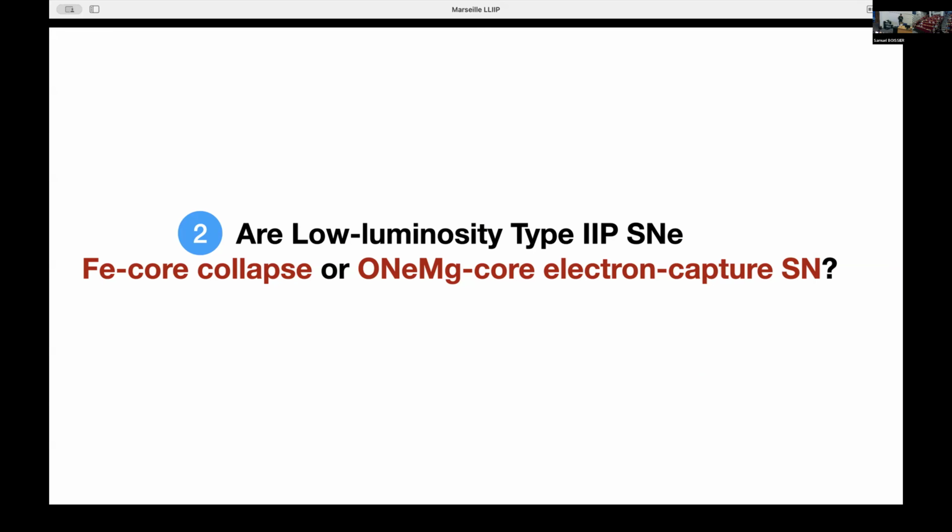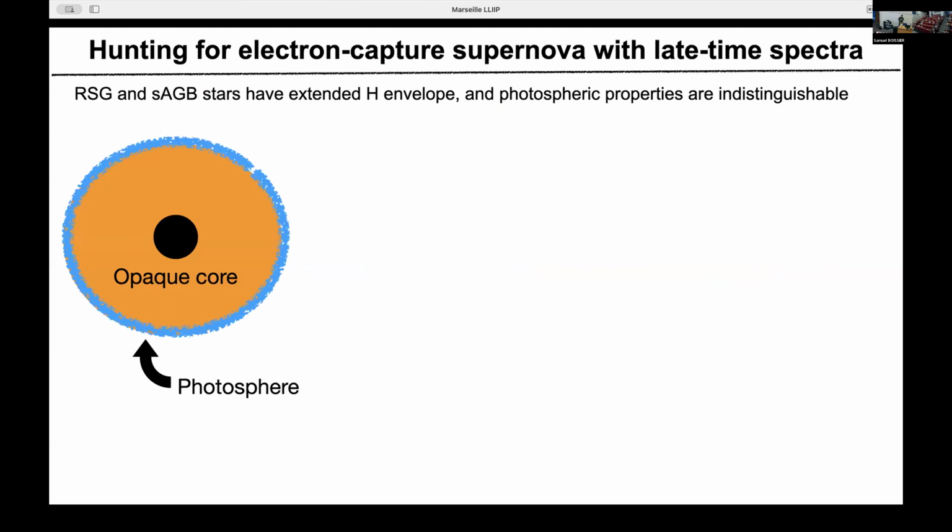Coming to the second question which I raised: are these low luminosity 2p supernovae iron core collapse supernovae, or are they oxygen neon magnesium core electron capture supernovae? In terms of the photospheric properties, it's very hard to distinguish them because both of these have 8 to 10 solar masses of hydrogen envelope and look very similar during the photospheric phases.